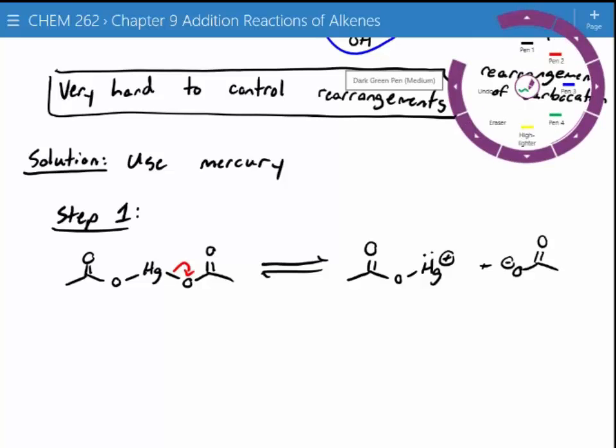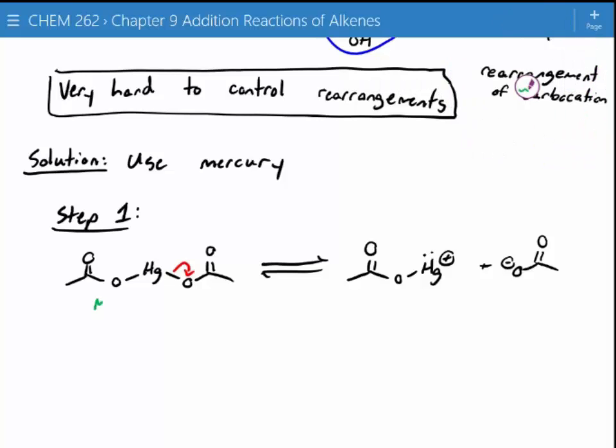So let's write down the names of these. We've got mercuric acetate, and oftentimes in your book, instead of drawing out the full structure, they'll just abbreviate it. So they'll write Hg(OAc)2 for mercuric acetate.